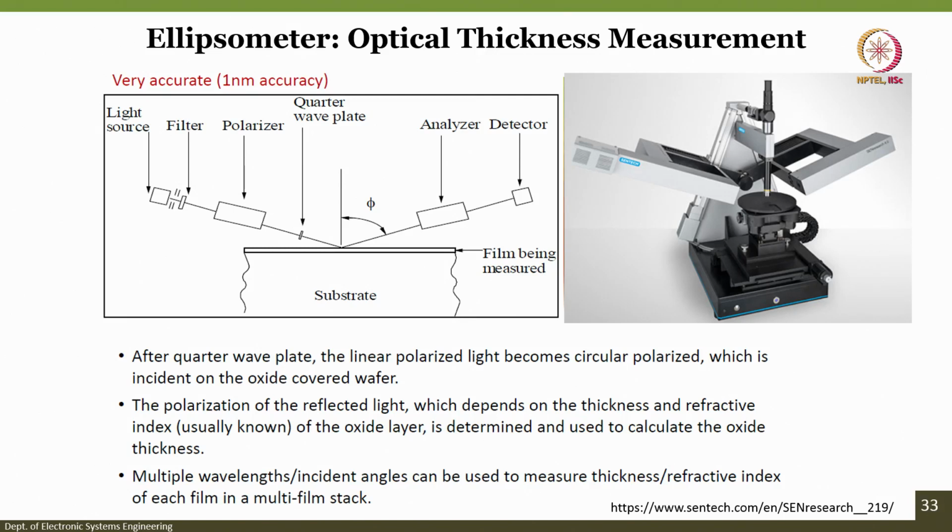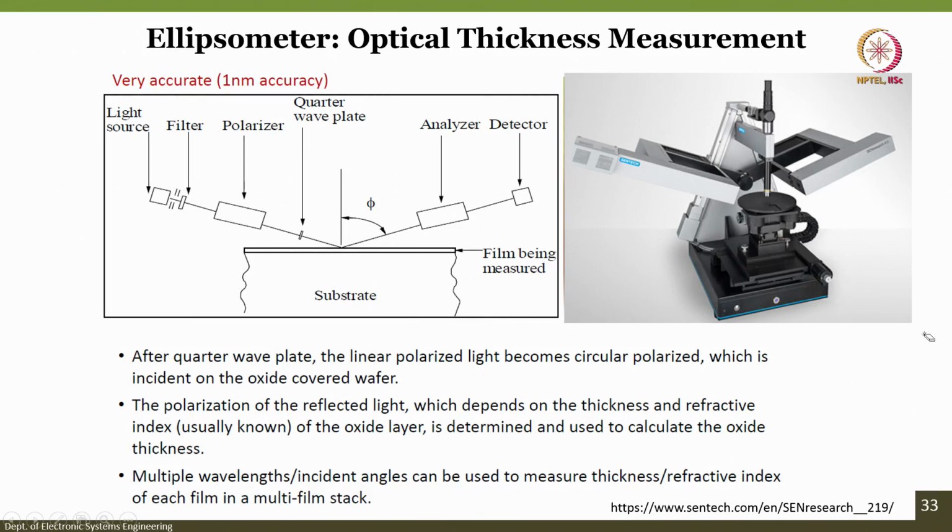In this there is a light source, filter, polarizer, and a quarter wave plate. The light falls on the film that is being measured, then passes through the analyzer and finally to the detector. Now, after the quarter wave plate, the linear polarized light becomes circularly polarized. In fact, we will look at the degree of linear polarization and degree of circular polarization, okay, DOLP and DOCP.